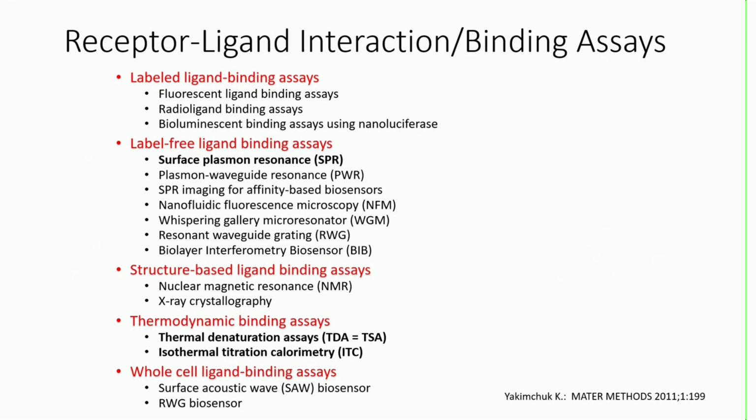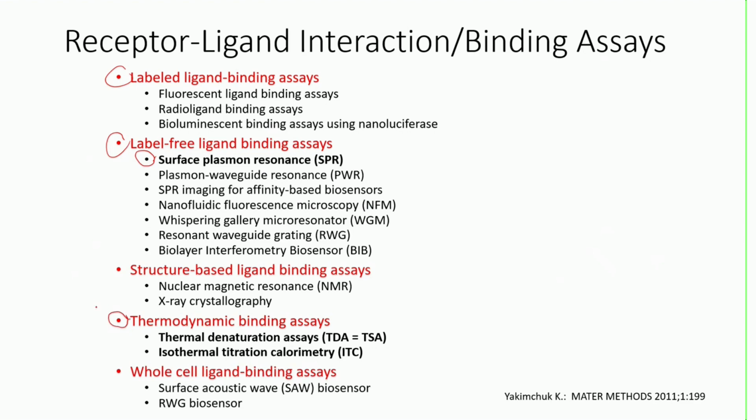They can be based on labeled assays or label-free assays. One example is the surface plasmon resonance. So I have highlighted some methods in bold here, so that you can hear of them.